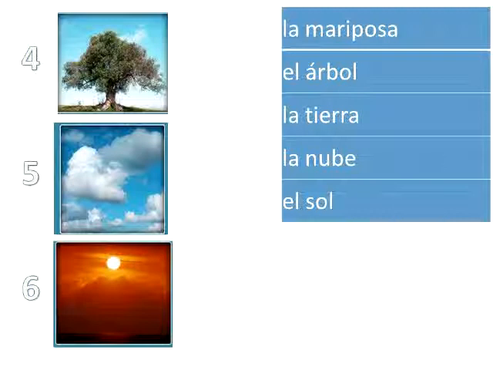La nube. Good. You would add the S for the article la, and then the same thing with nube. Okay, and number 6. What is that? And sol. I would say el sol from that vocabulary over there. The sun, el sol. Okay?